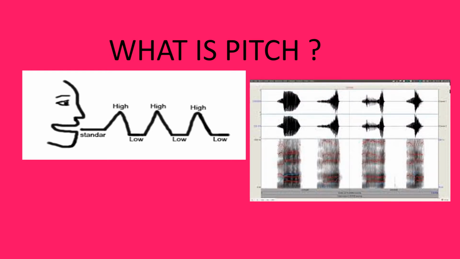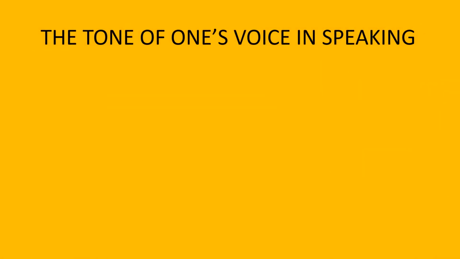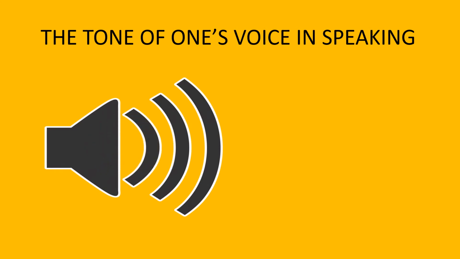So, having understood what pitch is, then there's something else that you need to understand, and that is tone. Tone plays an important role in English. Tone gives the listener an idea about the speaker's emotions. So, the tone of one's voice in speaking relates to intonation.